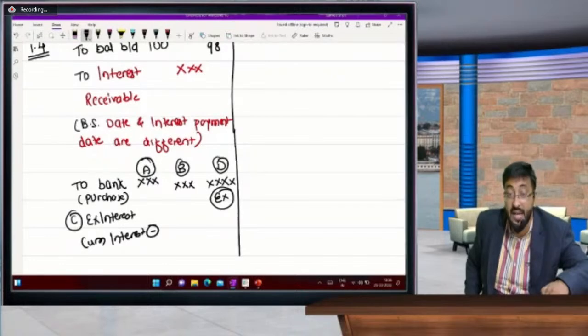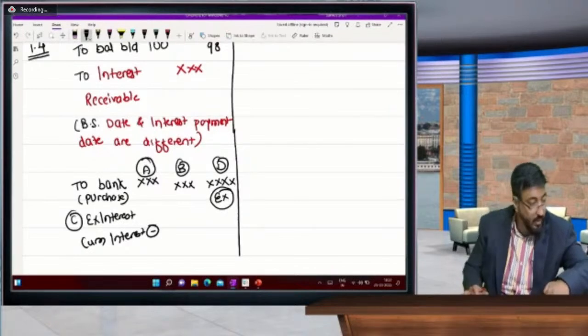Ex means excluding interest. Cum means including interest. But I will tell you how to calculate interest. Don't worry. Next one.